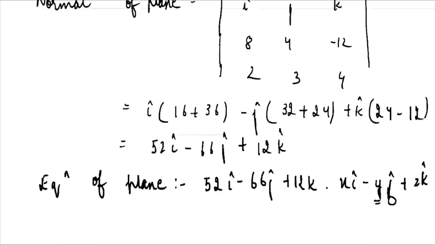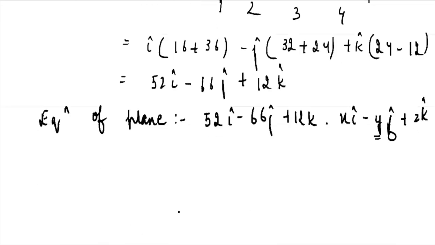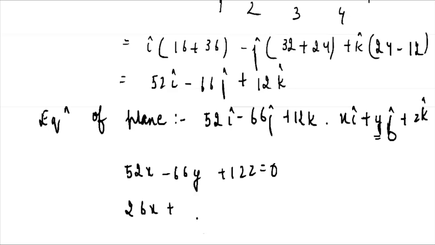That gives 52x plus... it would be minus here, so 52x minus 66y plus 12z is equal to 0. We can divide it by 2, so we get 26x minus 33y plus 6z is equal to 0. So this is the required equation of the plane. I hope it is clear.